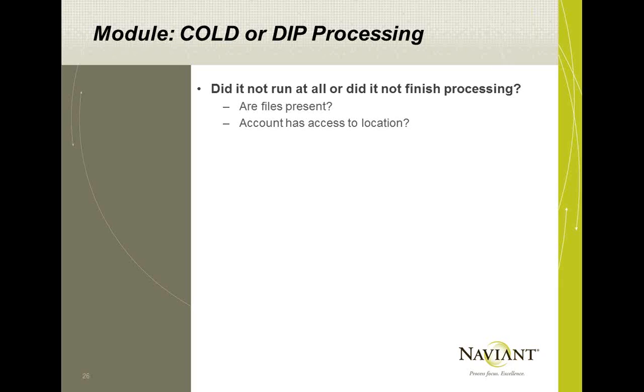A good thing to keep in mind is that the account running the process needs to have access to that location. If access to that location has been changed and that user no longer has access, they will no longer be able to pull those files, and in turn, nothing will process.